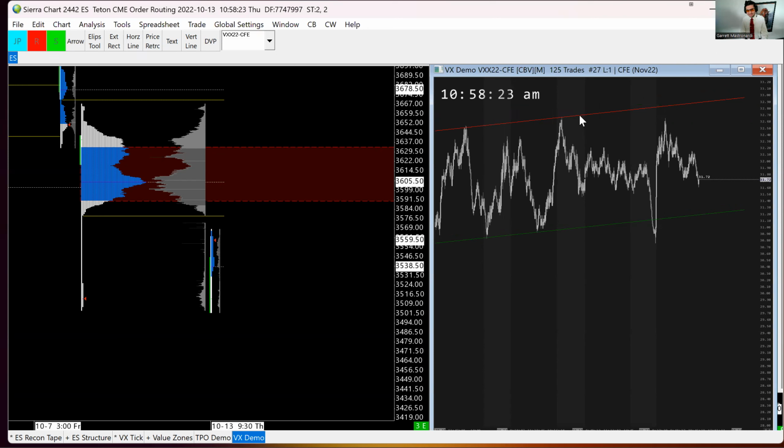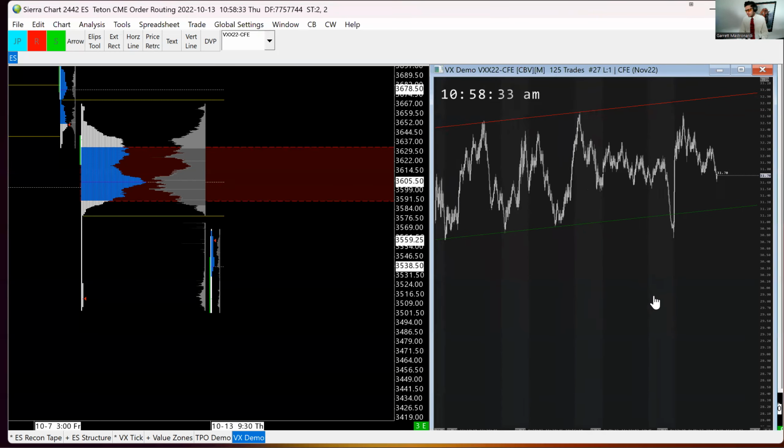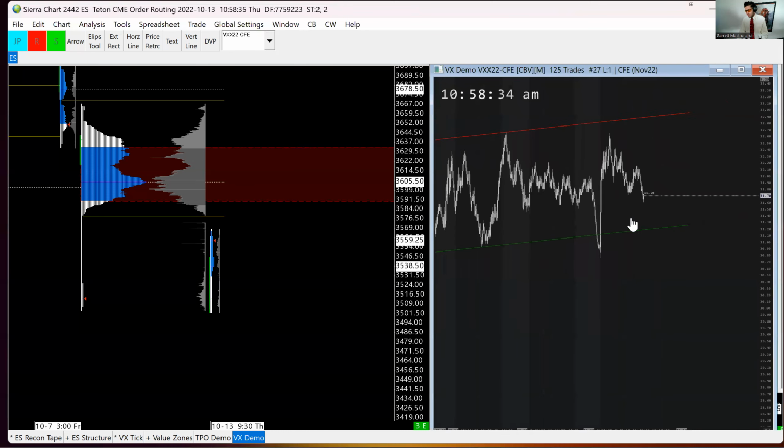I'm not going to call a bottom. Last time I called a bottom didn't work out so well, but I think that's an interesting thing to watch as the day goes on. I'm currently short delta because all I care about is this trend. The VIX trend is still up, so I'm going to maintain my short delta position. It's obviously not having a fun time right now, and I'll show you my portfolio in a second.